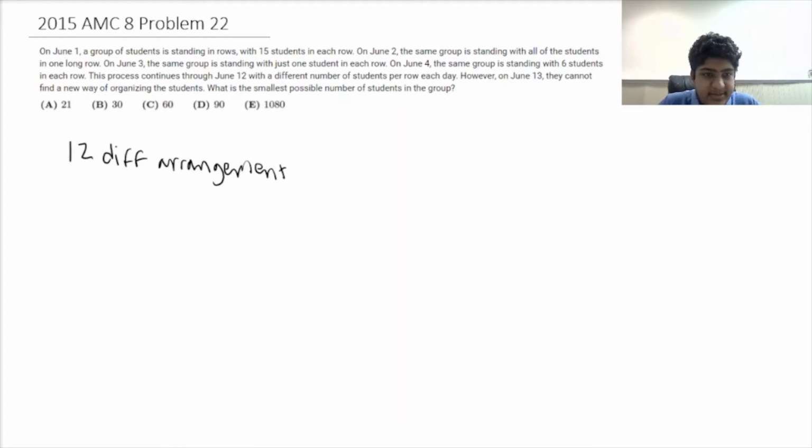And what I mean by this is, let's assume that there's 30 students. This is definitely not going to work here, but let's say they have 5 students in each row. And you can see they need 6 rows. So this would represent the factor pair 5 times 6.